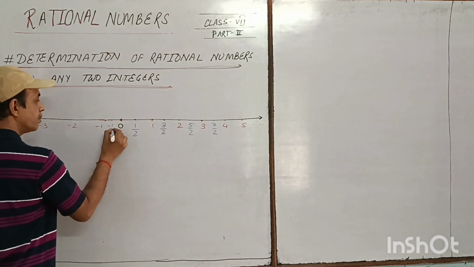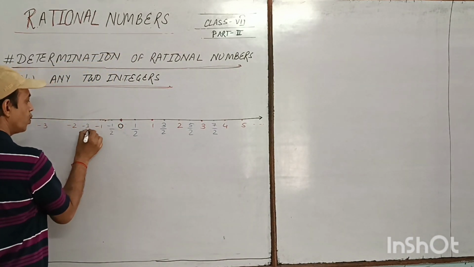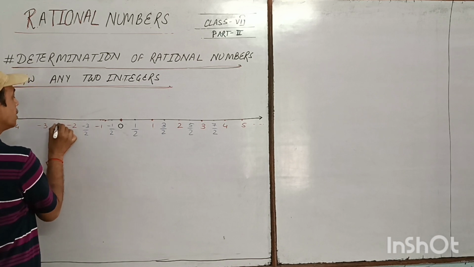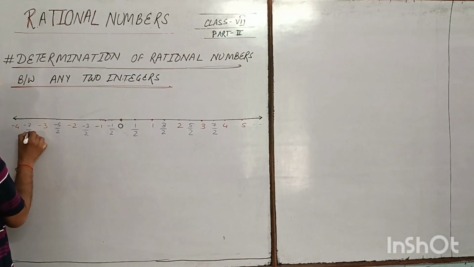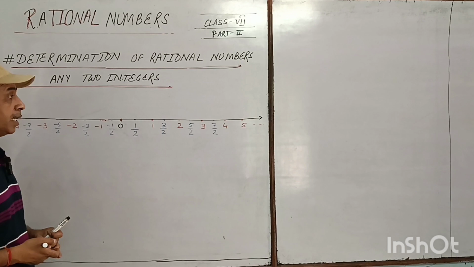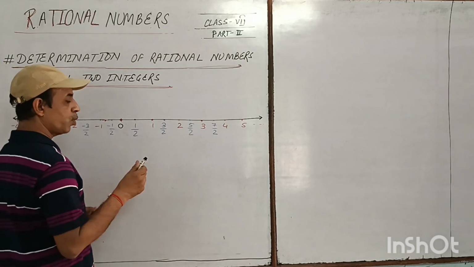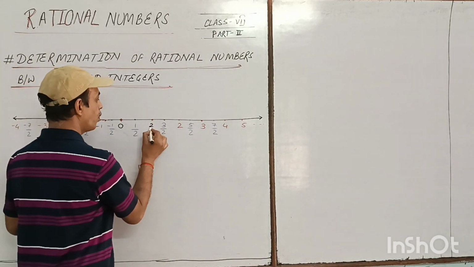On the negative side, we will have minus 1 upon 2, minus 3 upon 2, minus 5 upon 2, minus 7 upon 2. And you have all heard that 1 can be written as 2 upon 2.